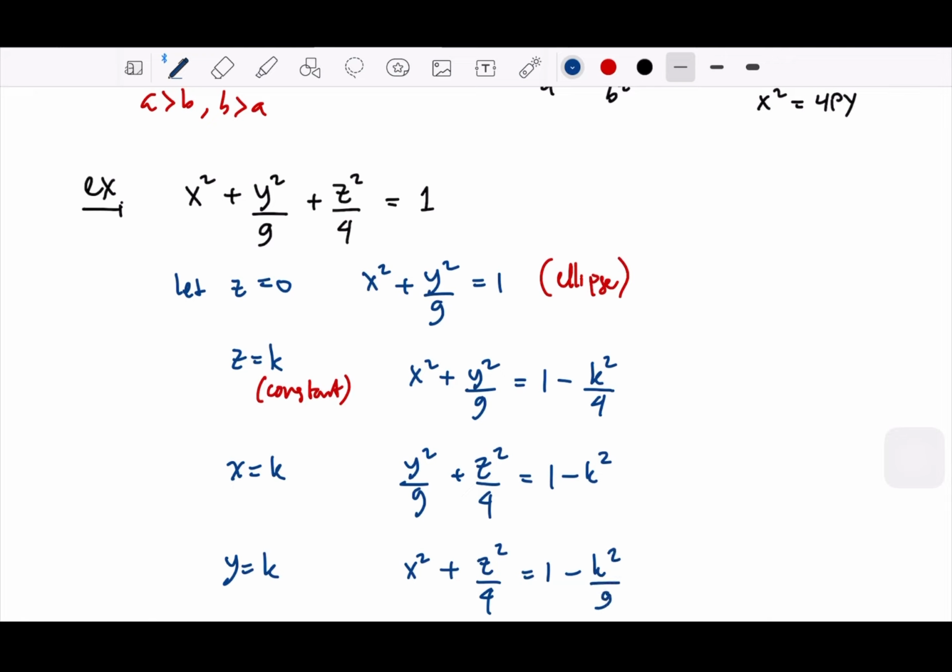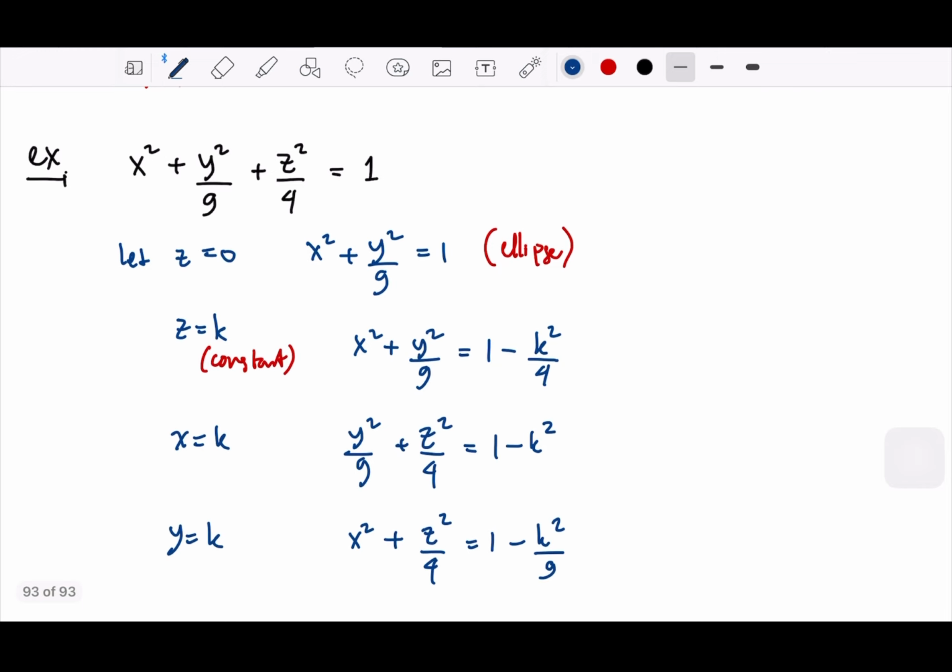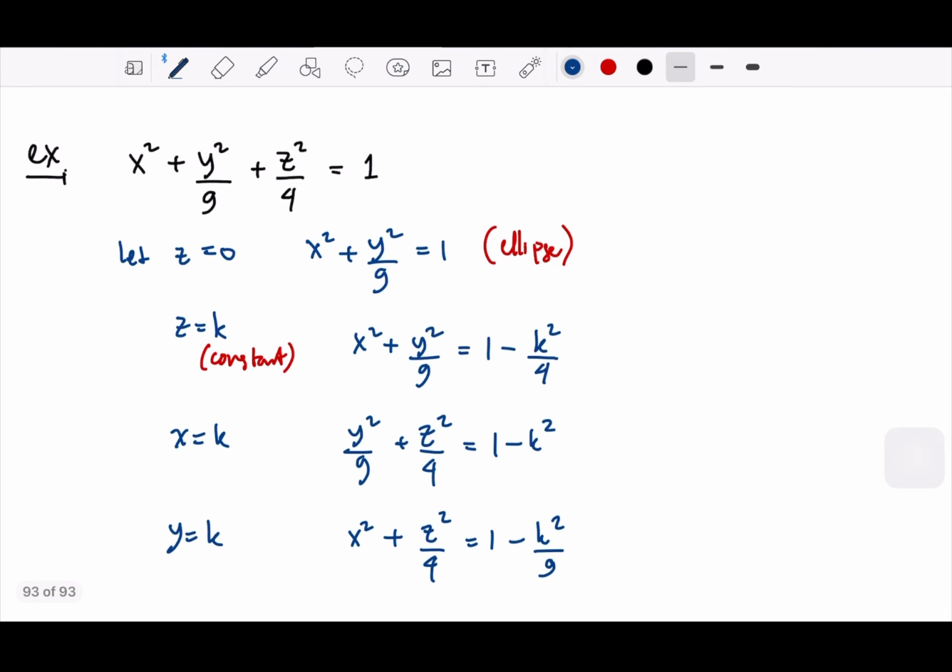So we will have 3 ellipses on 3 different planes. If we imagine that each ellipse can be shifted through a different height, then we will have a shape that is bounded by an ellipse in all 3 different planes.